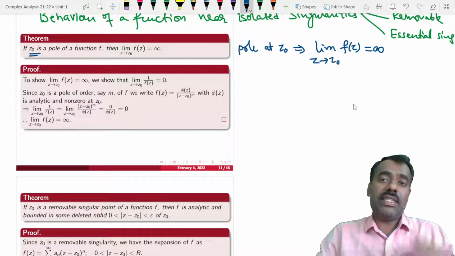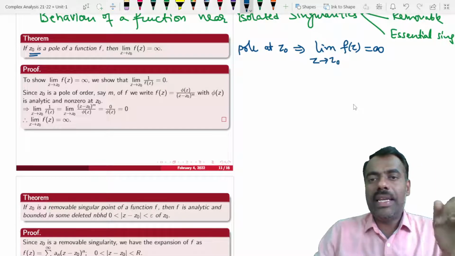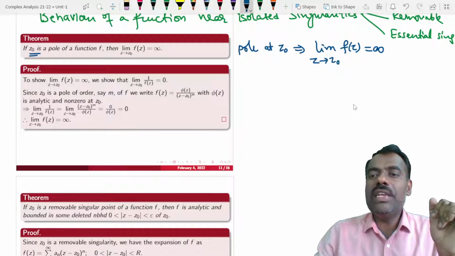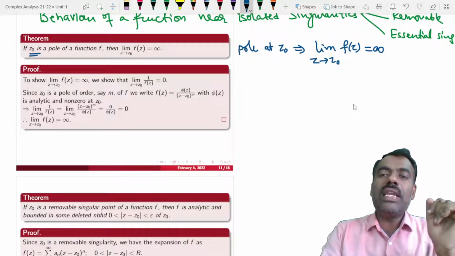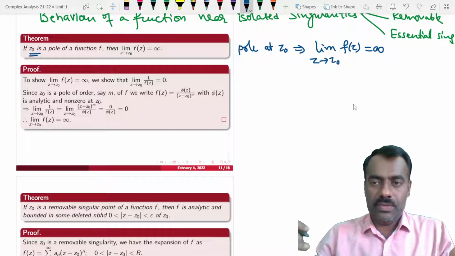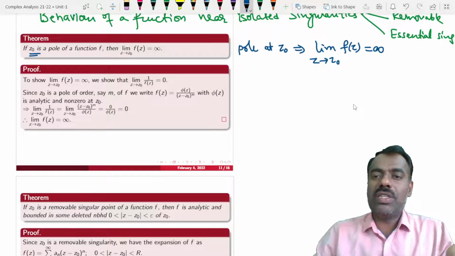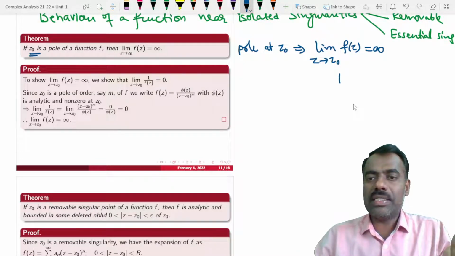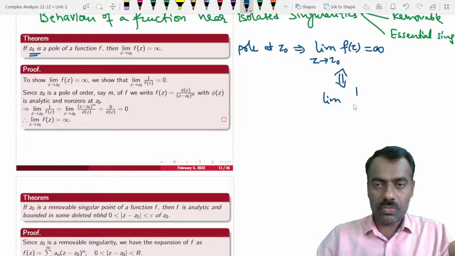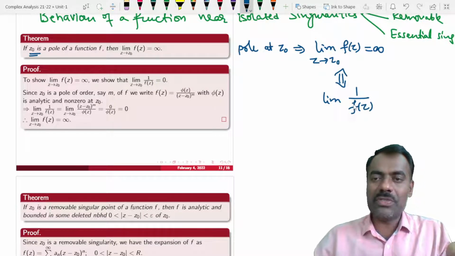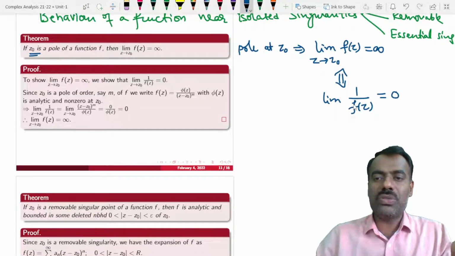As discussed in the beginning lectures, if we want to deal with infinity, we try to deal by taking 1 by f of z. So this is the same as proving that we want to show 1 by f of z tends to 0 as z tends to z naught.